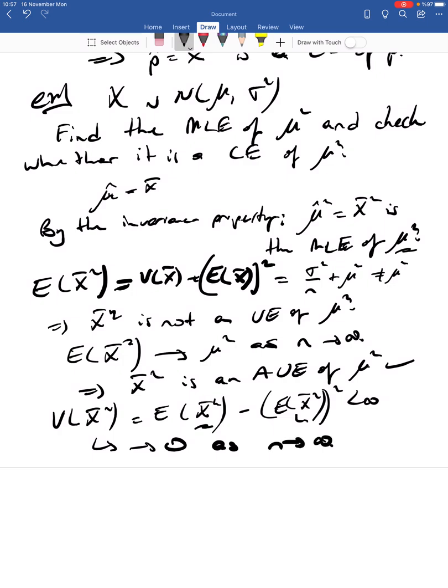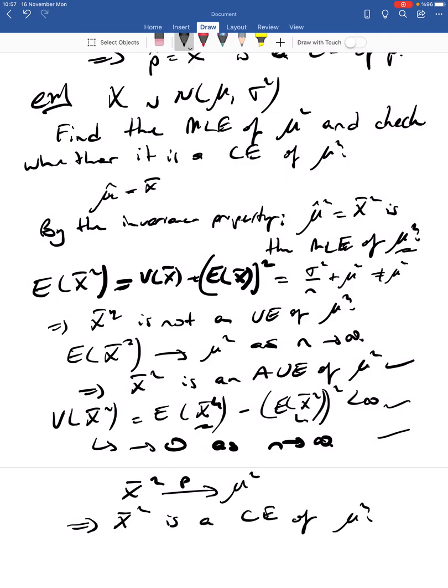You can calculate expected x bar to the 4 and get the exact value. So these conditions are also satisfied. This means that x bar square converges in probability to mu square. So by definition, x bar square is a consistent estimator of mu square. So I have solved the question.